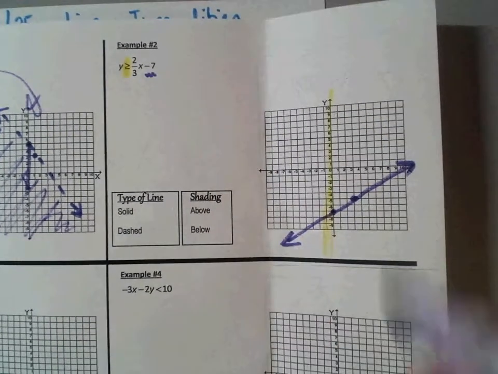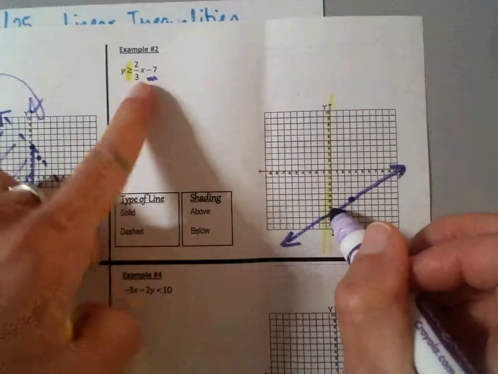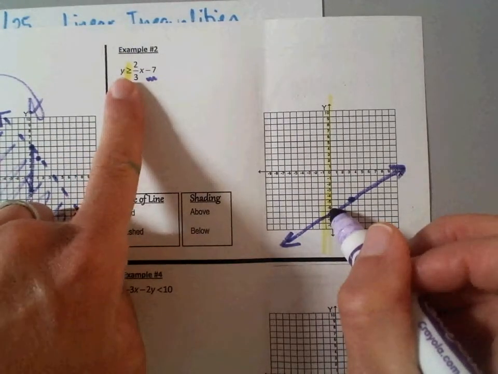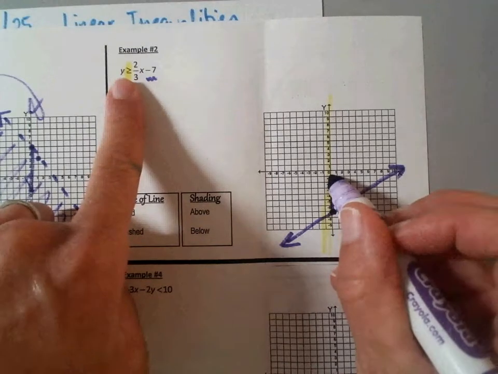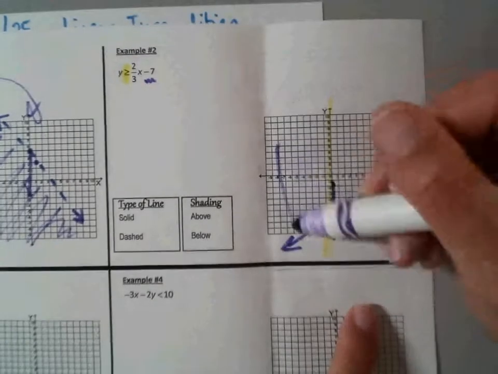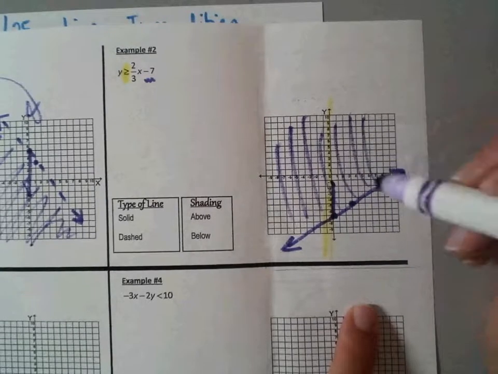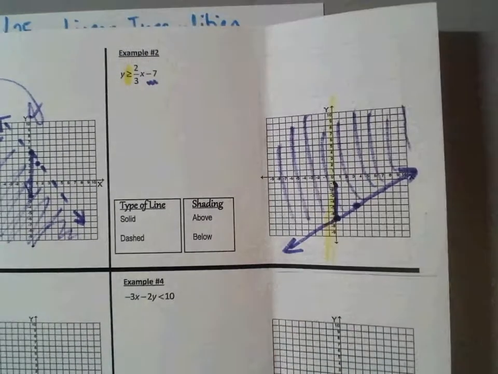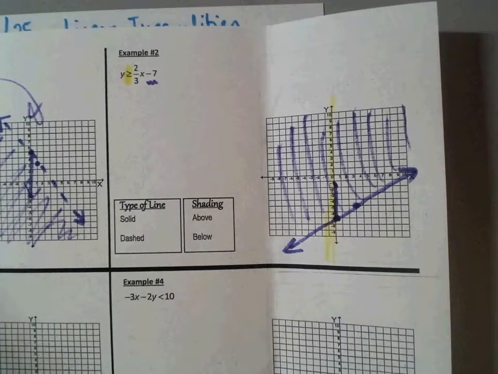Is that greater than or less than? It's greater than, which means above. So move your pencil above. Which side of that purple line are you on? You're on this side. That means any ordered pair up there will work if you substitute it into the equation. That's the significance of this.